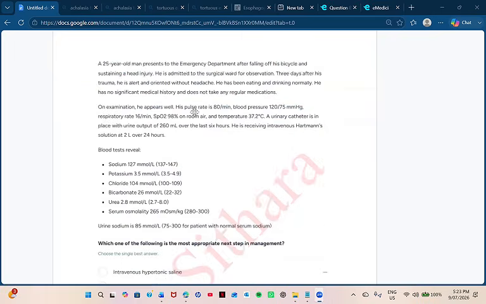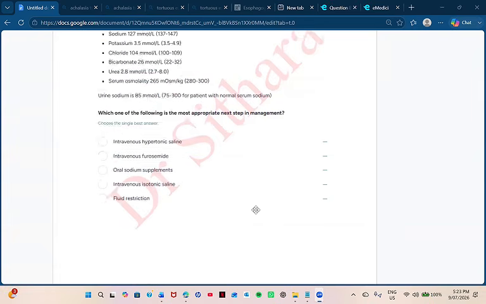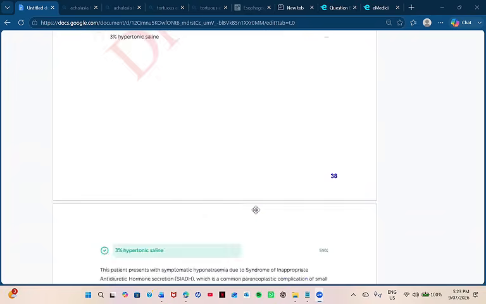I have attached this as an extra for hyponatremia. For SIADH: mild or asymptomatic, fluid restriction. If severely symptomatic, or if the serum sodium is less than 120, you have to go with 3% hypertonic saline. That is a very important point. That's all for this one.